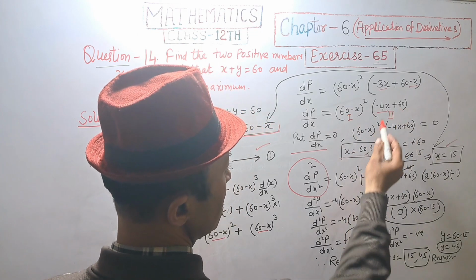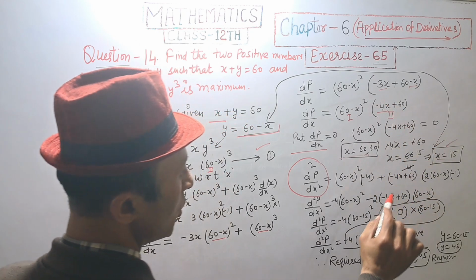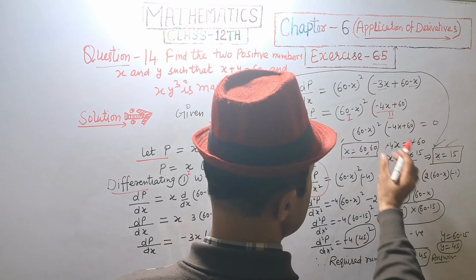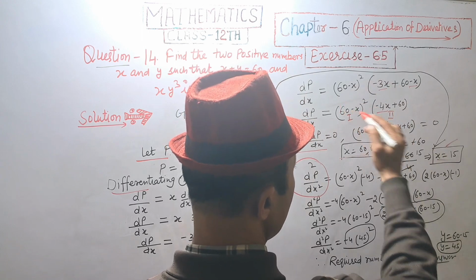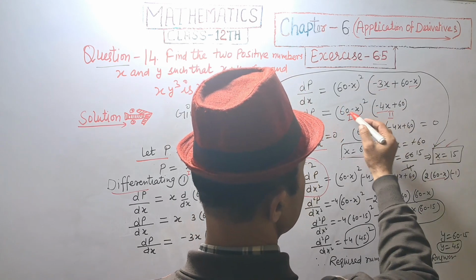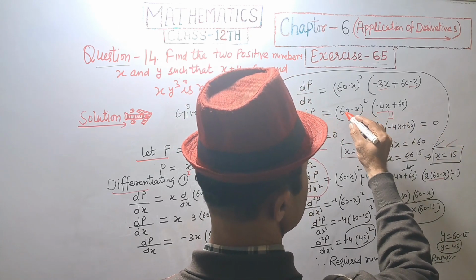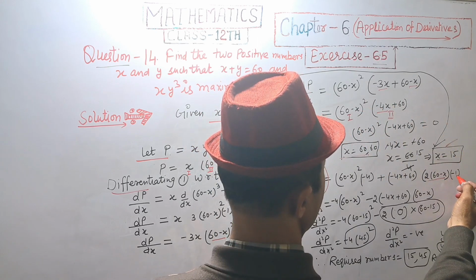First function as it is, derivative of second is equal to minus 4 and 60 will be 0, plus minus 4x plus 60 as it is, and derivative of (60 minus x) square, in power 2 into (60 minus x), derivative, and d/dx of (60 minus x) is equal to minus 1. Derivative of 60 is 0 and derivative of minus x equal to minus 1.